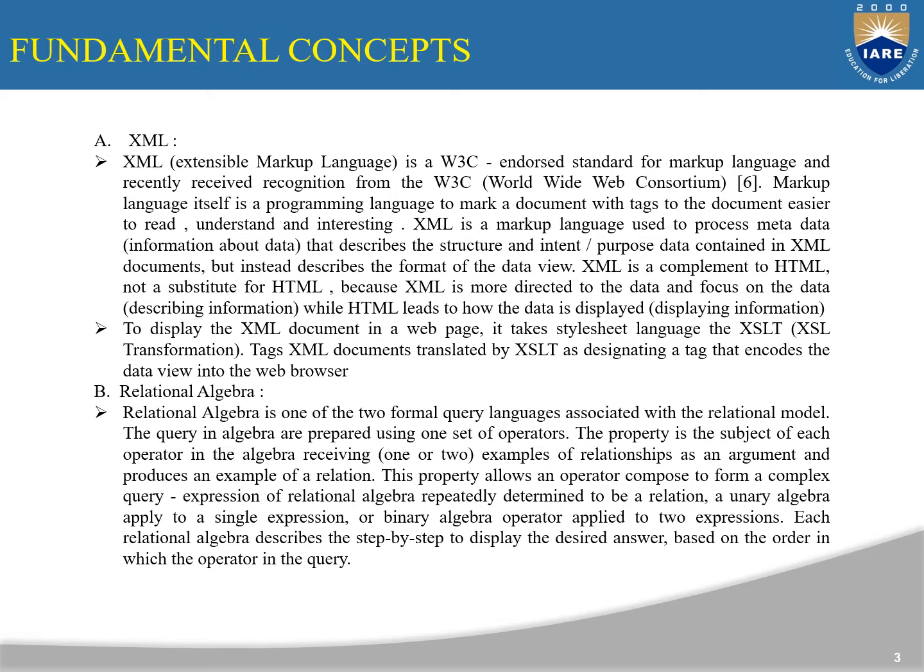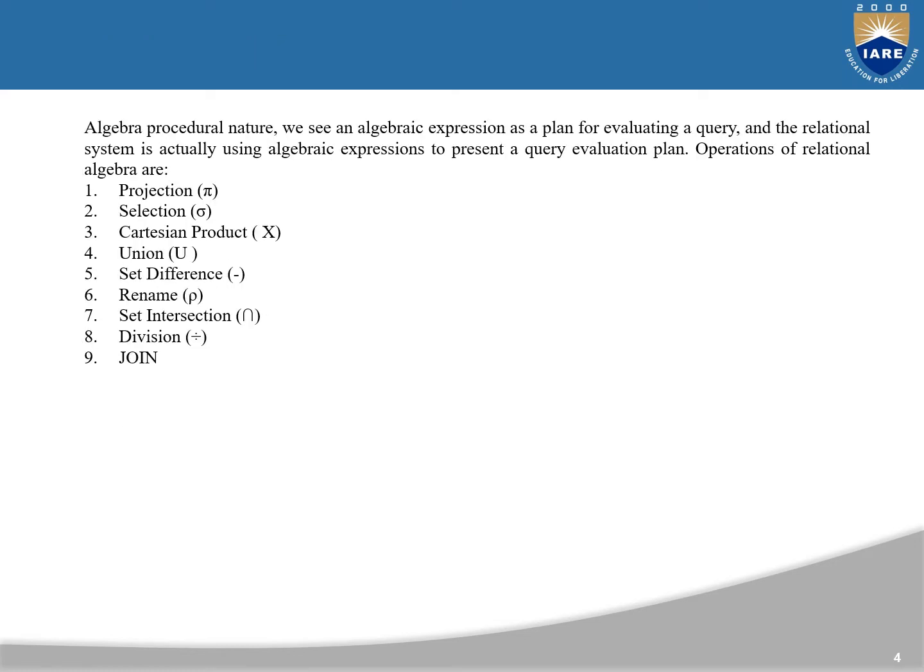Each relational algebra query describes a step-by-step procedure to obtain the desired answers, based on the order in which the operators appear in the query. Algebra is procedural in nature. We see an algebraic expression as a plan for evaluating a query, and the relational system actually uses algebraic expressions to present a query evaluation plan. Operations of relational algebra are projection, selection, Cartesian product, union, set difference, rename, set intersection, division, and join.